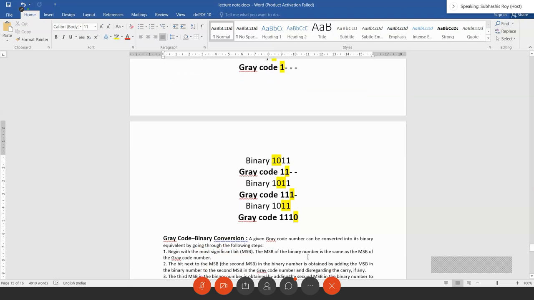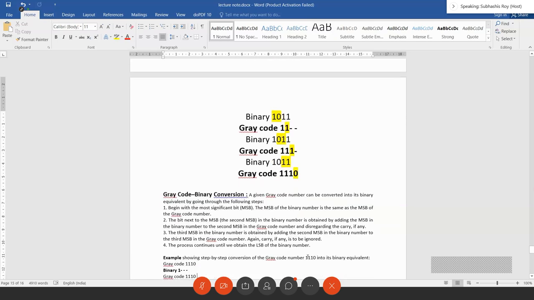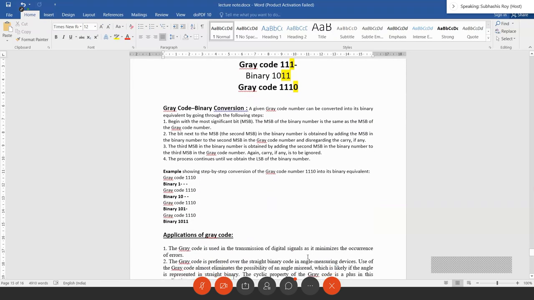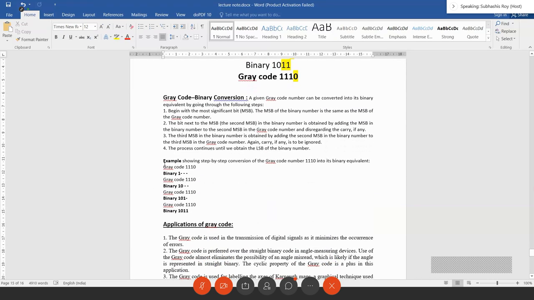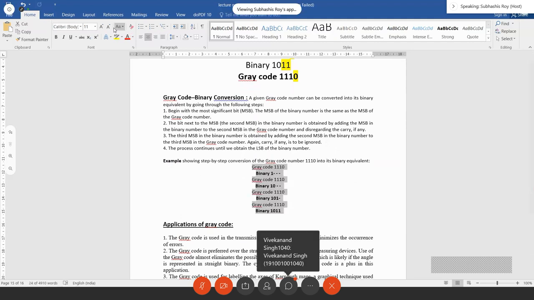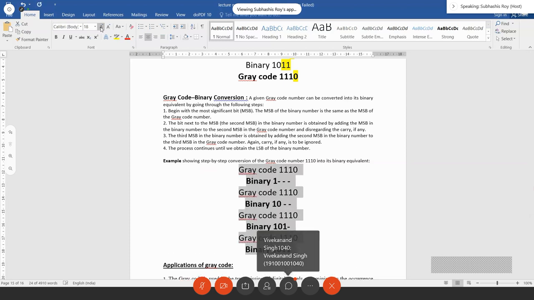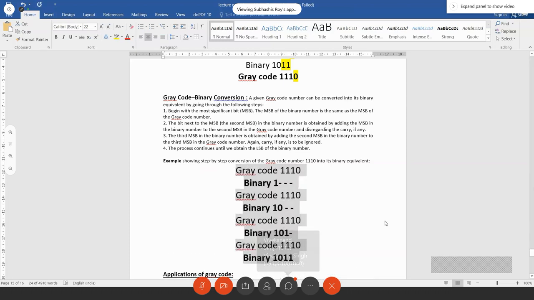Again, here is gray code to binary. The gray code is given; this is your gray code. First, the MSB will be copied. The first step is always the same: the MSB has been copied here.